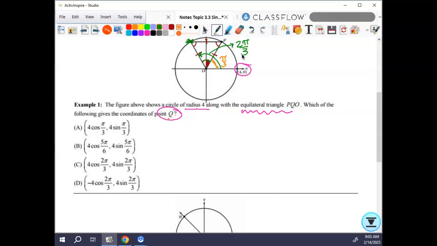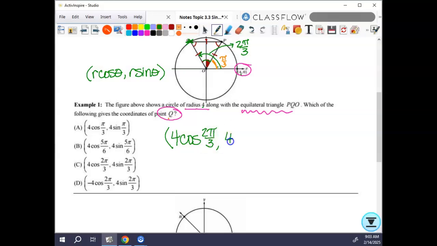And then I know that my ordered pair is r cosine theta, r sine theta. They told me 2 different times what my radius is. It is 4. So that means I'm going to have 4 cosine theta, or cosine of 2 pi thirds, because that is my theta.